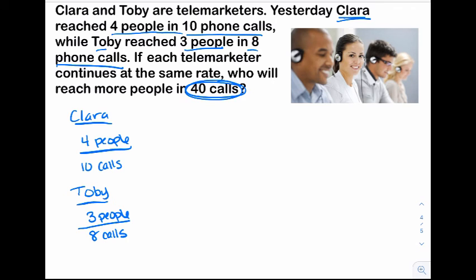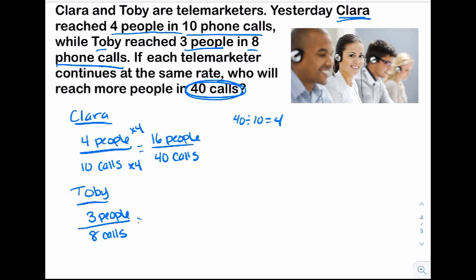Since my calls are on the bottom, I need to remain putting 40 calls on the bottom. Now I know 40 divided by 10 equals 4, so I need to multiply 10 by 4 to get 40, and I'm going to do the same thing on the top. 4 times 4 is 16 people.